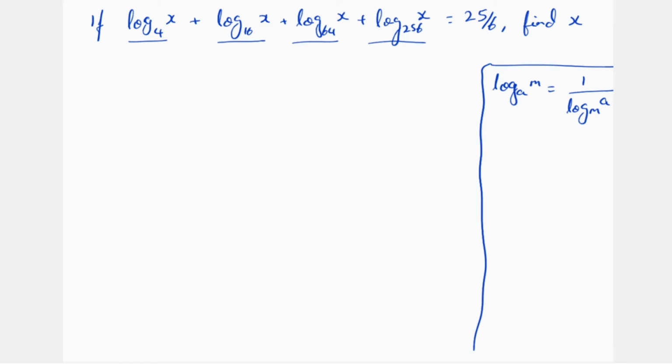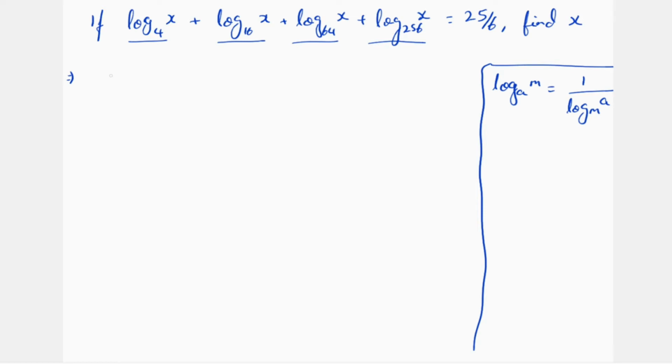Applying this to the equation that we have been given, I'm going to take all these log values to the denominator from the numerator. When I do so, the base and the number x, the x for which the log is taken, will interchange their positions.